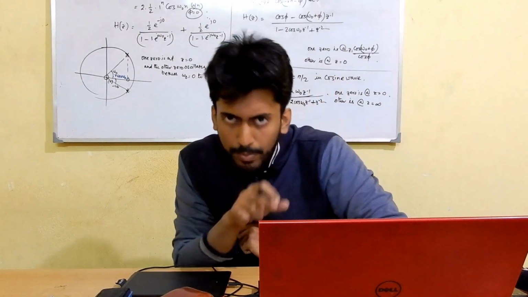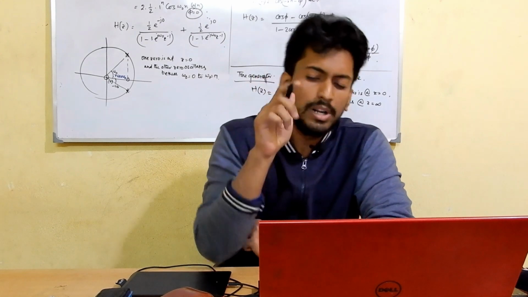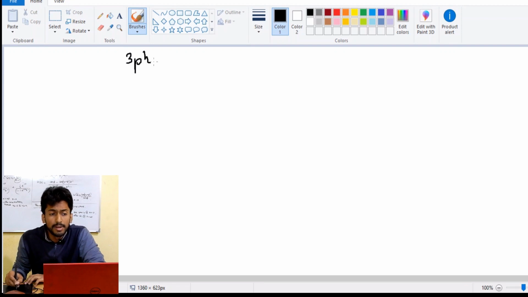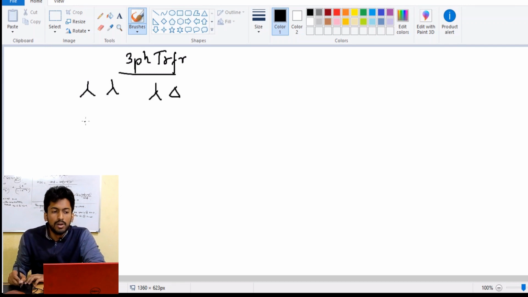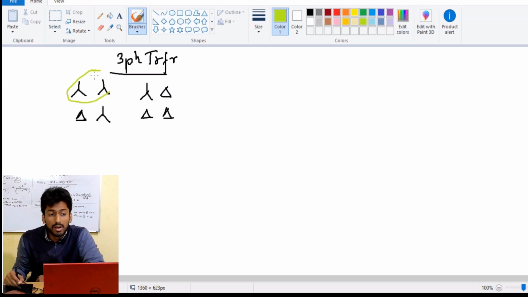This topic is totally dependent upon the star delta connection of the three-phase transformers. Means what? We are having several choices. In case of a three-phase transformer, we have star-star connection, star-delta connection, delta-star connection, and delta-delta connection. But among these four connections, star-star and delta-delta connections are not my topic today, because they have no inherent step up or step down properties.